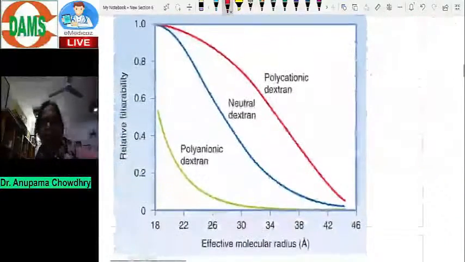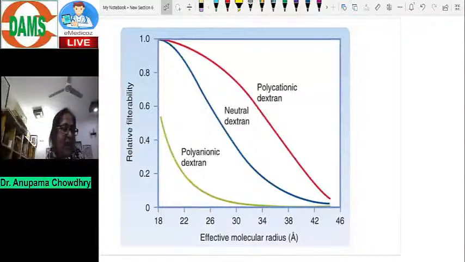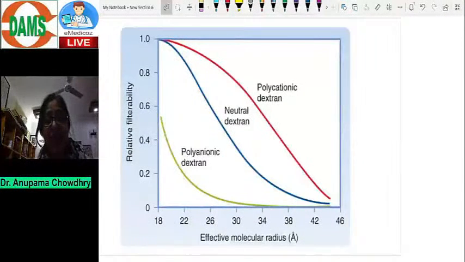Now, this was another interesting question, in fact the exact question which was asked in the INI-CET this time, as Aryaman was saying. Now, what is this basically trying to tell you? If we take dextrans, these are synthetic molecules, they can be neutral, they can be anionic, or they can be polycationic.